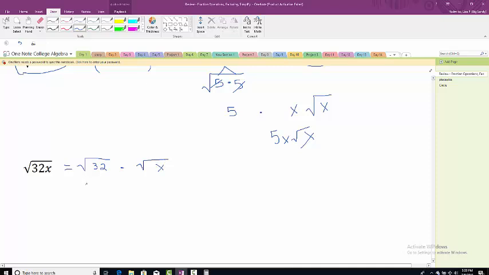Square root of 32, this one's not a perfect square. So we have to break it to its primes. We start out with any combination that gives us 32, except for we never want to use 32 times 1. We never want to use the number times 1. So we could do 16 times 2, we could do 8 times 4.